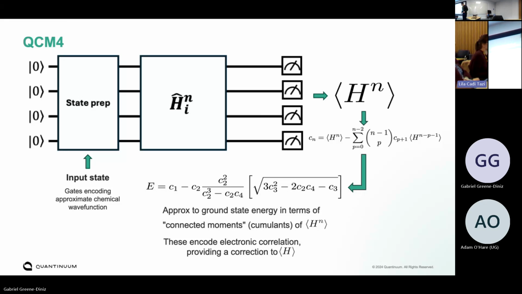So are you just preparing a state and then taking Pauli measurements of the state? Basically, yes. What's the quantum advantage to that? If I know what state I'm going to prepare and what Pauli measurements I'm going to take, I can do that on a normal computer.